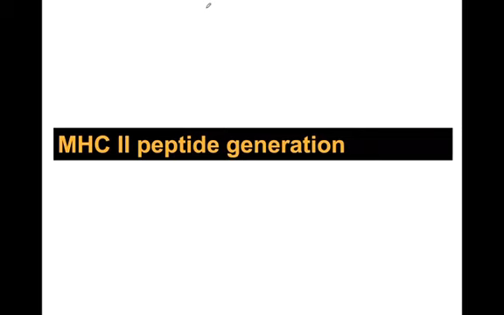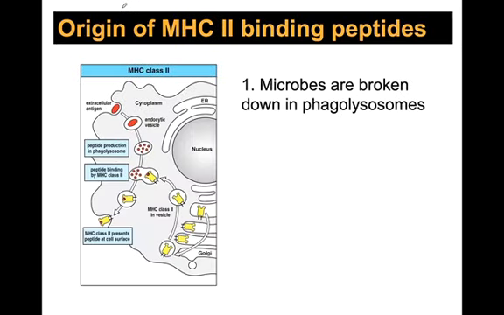Okay, so the first question we had is how do you get these peptides? How do you generate peptides for binding to MHC class II? Remember, these are coming from extracellular sources. So the cell is taking up proteins or pathogen or some version of an antigen.